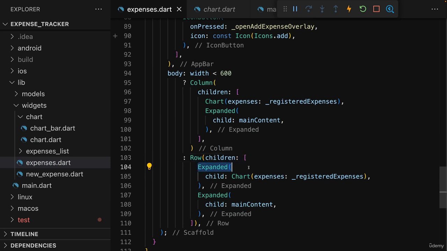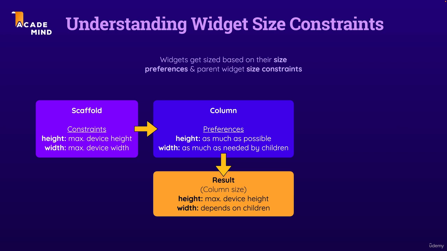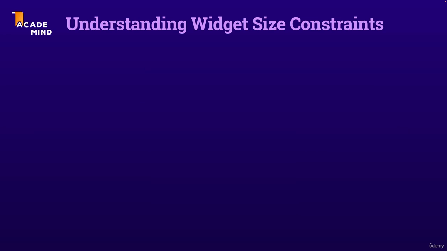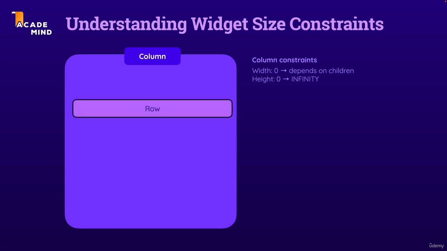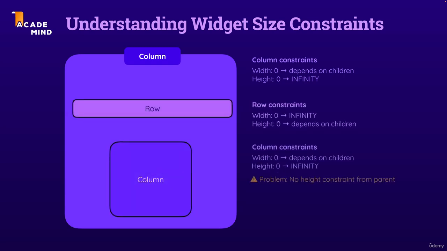With expanded, as I just described, this is fixed because expanded between row and chart makes sure that chart is actually limited and can only take as much width as is actually available. And that's how widgets are sized and what size constraints are all about. This in the end explains why certain widgets can be used inside of other widgets without problems, and why, for example, a column inside of a column could cause a problem. But those problems then can be fixed, for example, by adding an expanded widget between the two columns.